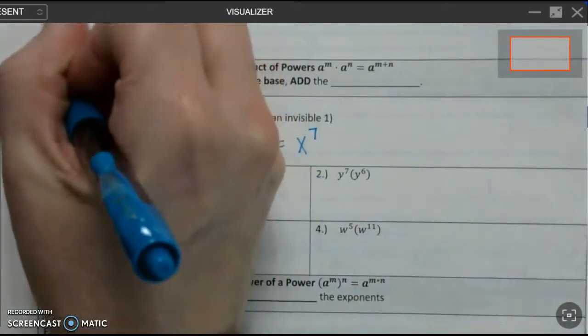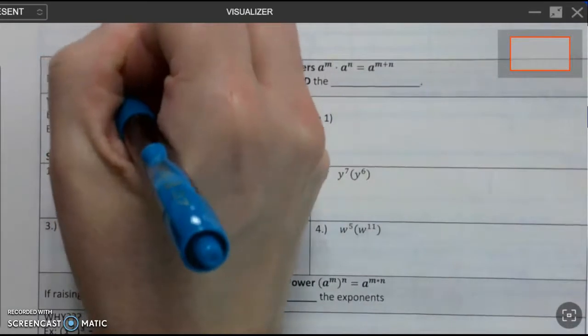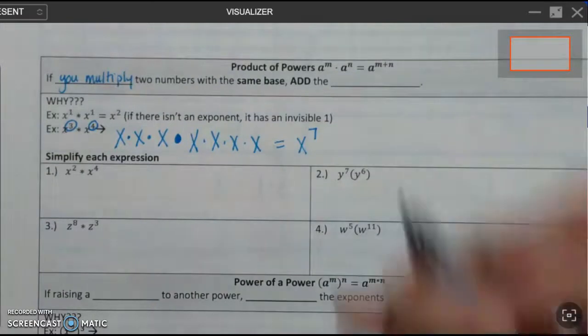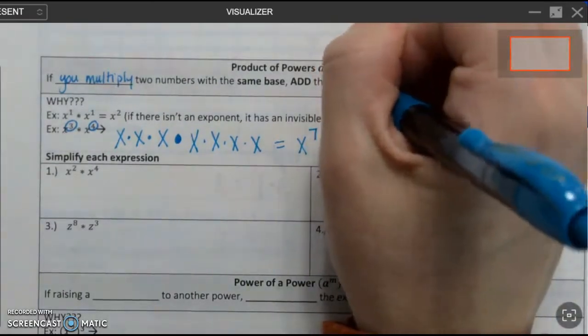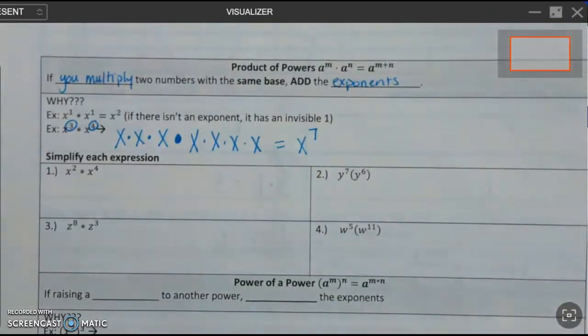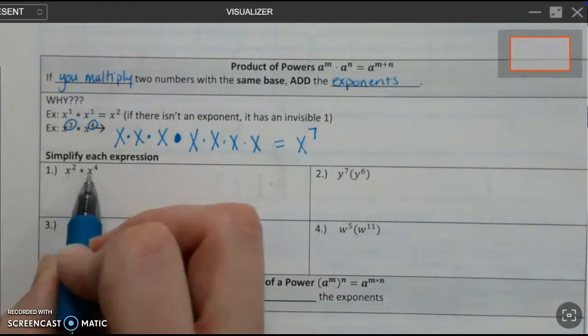So if you multiply two numbers with the same base, you are going to add the exponents. Okay, so what you see here is x to the second times x to the fourth.